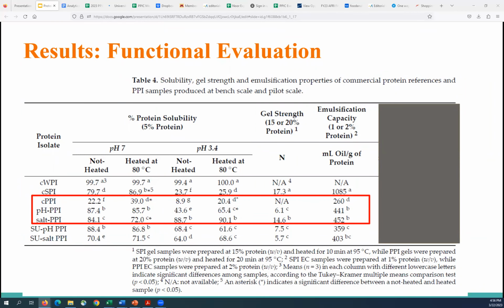The solubilities are different. Depending on the application, if it's a beverage, perhaps you would want a pH extracted pea protein isolate instead of a salt extracted one if you want that solubility at that pH. The application is really going to rule which extraction method you would use, and that's not just with salt extraction and pH. I am also thinking about the ultrasound assisted as well as micellar.